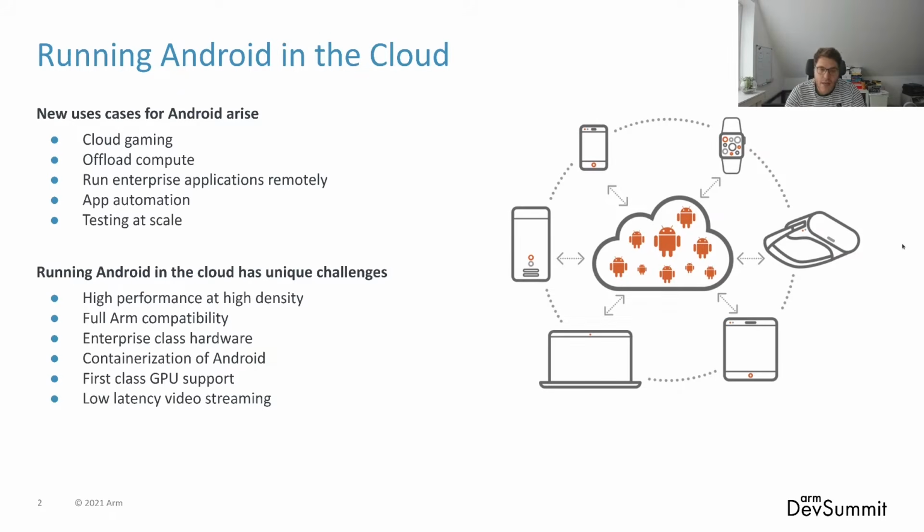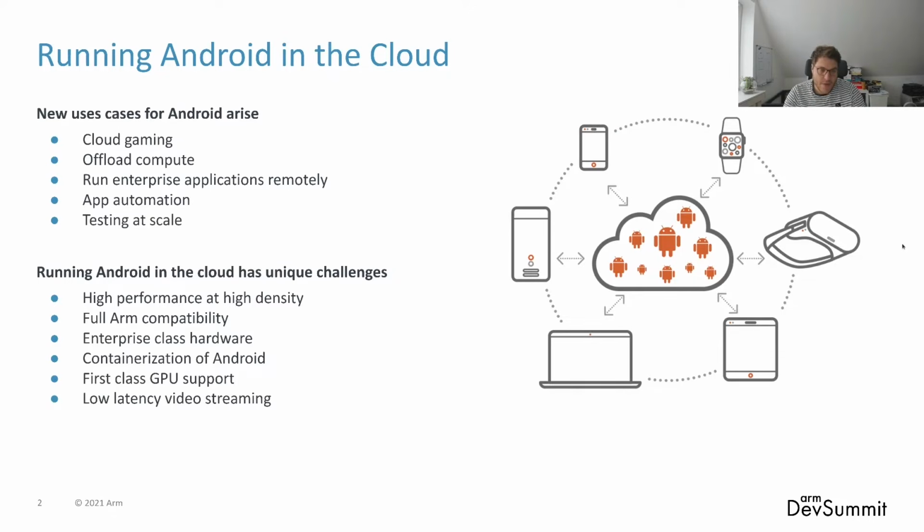Second, as Android is naturally mostly running on ARM devices, full ARM compatibility is required. There are binary translation solutions out there which all come with their different caveats and performance overhead. So ARM compatibility is required.